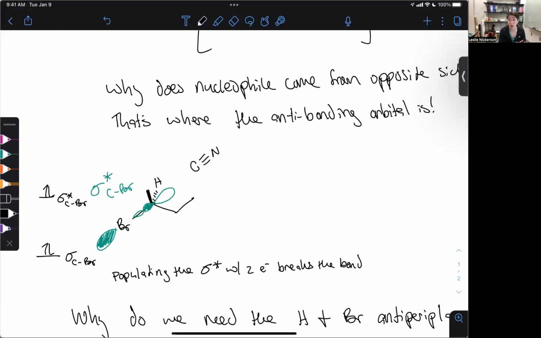Okay, and then we can actually form a new bond from the antibonding orbitals. So the thing that's breaking the bond is going to be our nucleophile, okay? So our nucleophile is going to come in. We've got a lone pair here in an sp orbital. Let's shade that a little bit in. Okay, so we have our lone pair in an sp orbital.